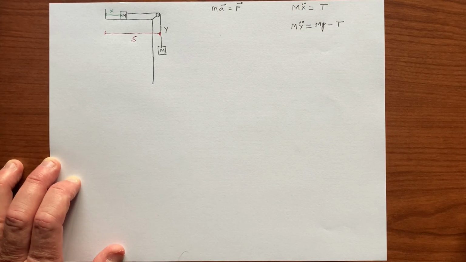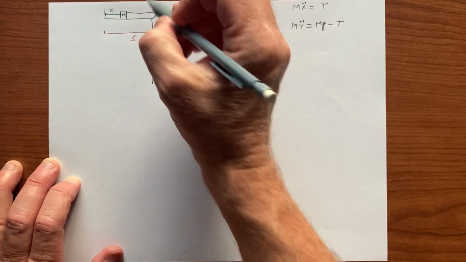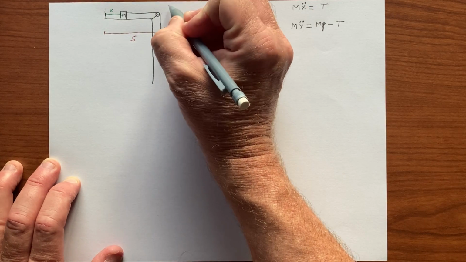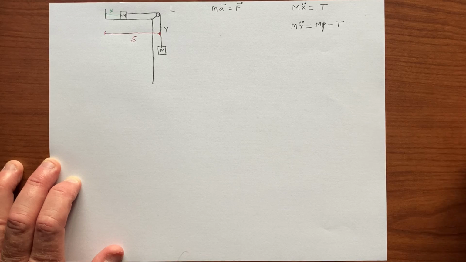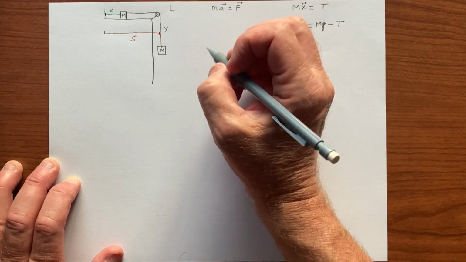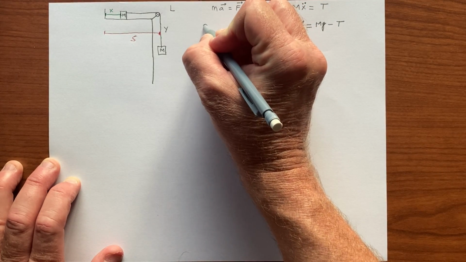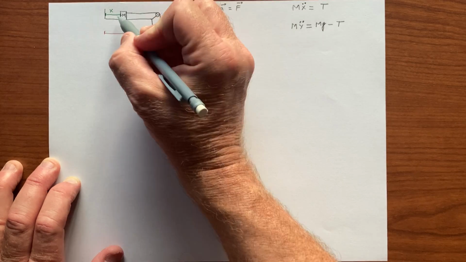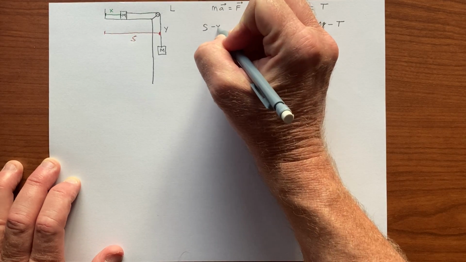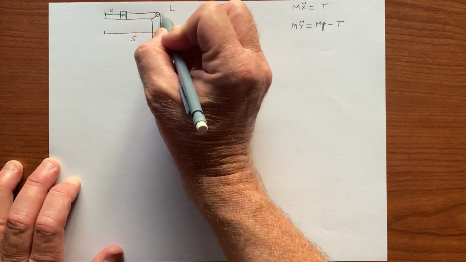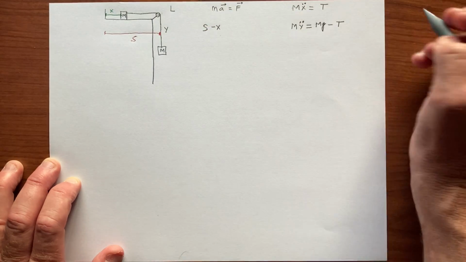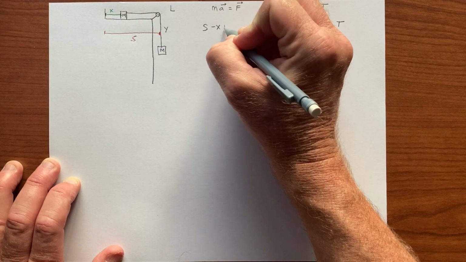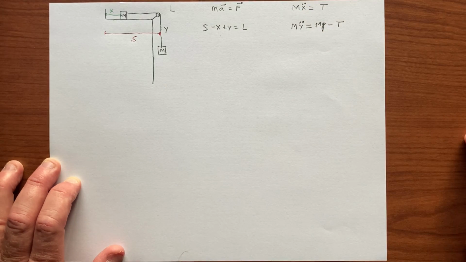Would look like that. But if the length of the string from here to here is L, then we have that s, we subtract the x, that's this part, and plus y must equal the total length of the string, and that's a fixed quantity.